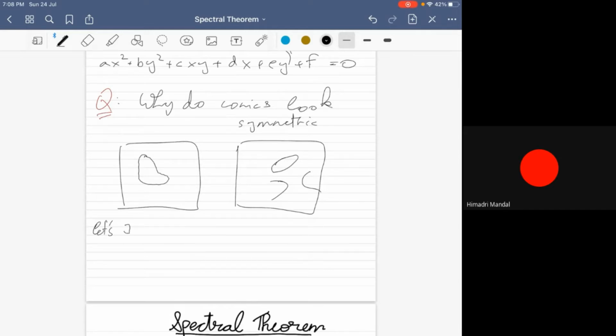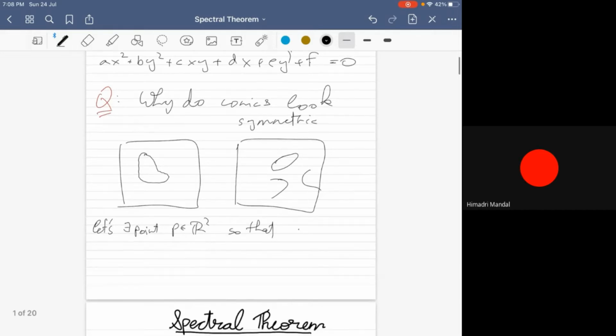Why does there exist, for every degree 2 equation, a point P in R square, so that if Q is in the conic, then the reflection of Q in the point P is also in the conic?